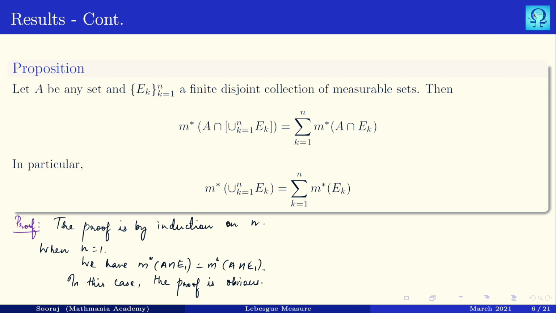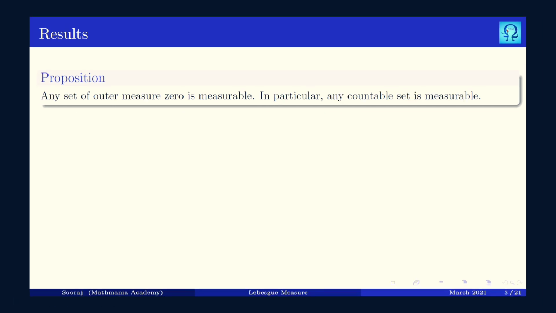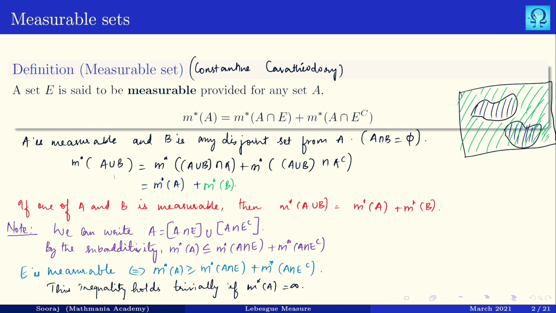Coming back to the definition, we have proved that the equality is preserved for two sets, even if only one set is measurable.